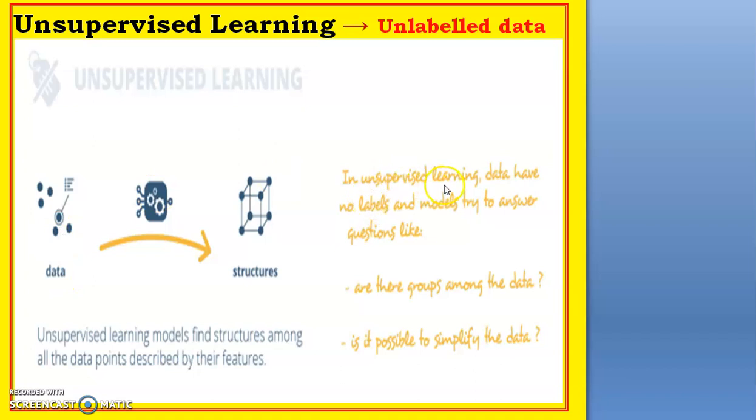So in unsupervised learning, data have no labels and models try to answer the question: is it possible to make a group among the data, or is it possible to simplify the data? We will see whether we are able to make the group or whether we can go for simplifying the data. Unsupervised learning models find a structure among all the data points described by these features.